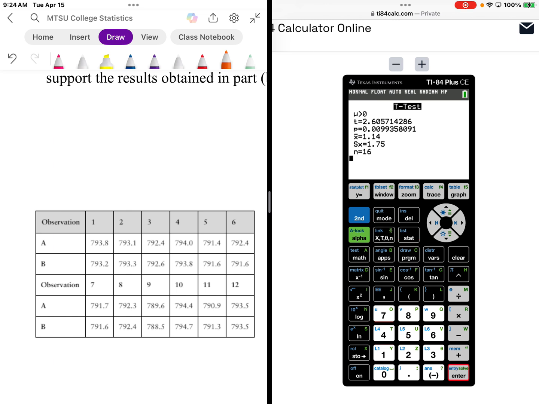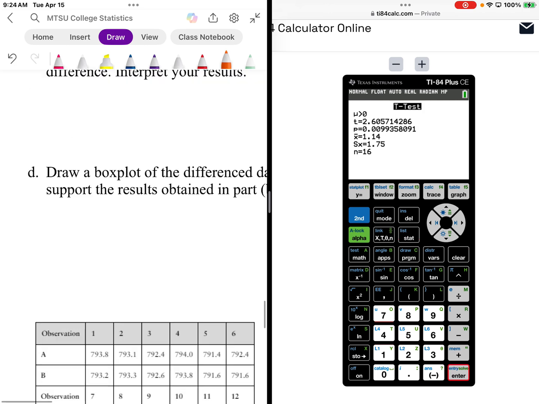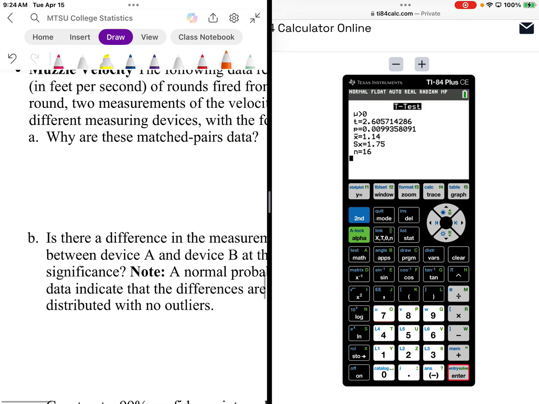So that's why it's kind of the matched pairs. There's only really one set of data here, one set of data being measured by two different devices at the same time.